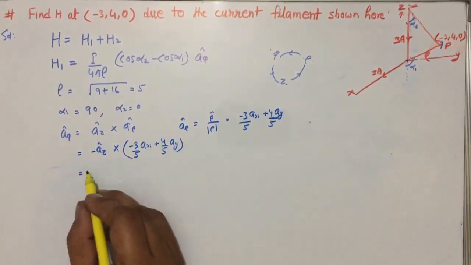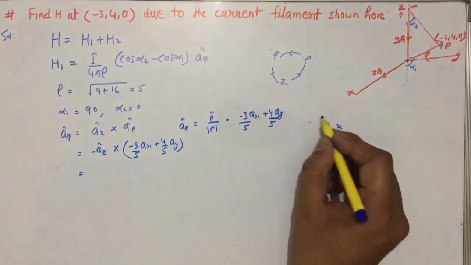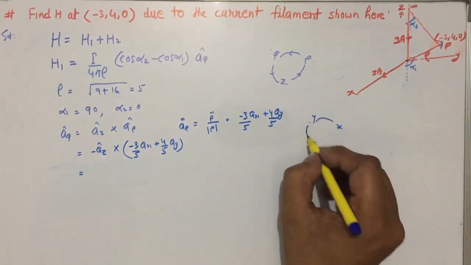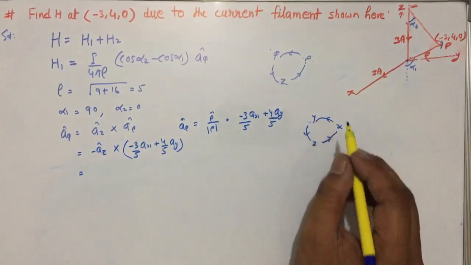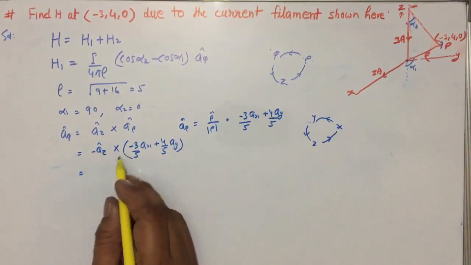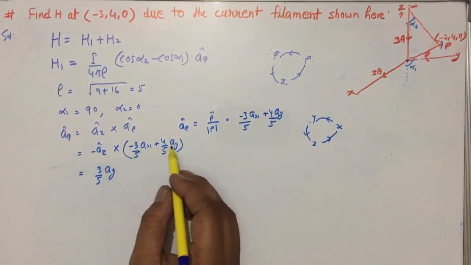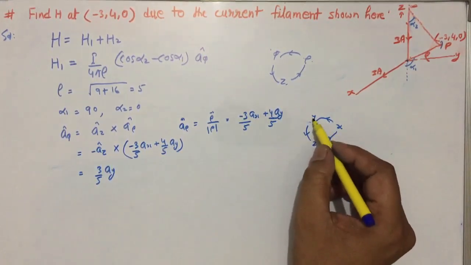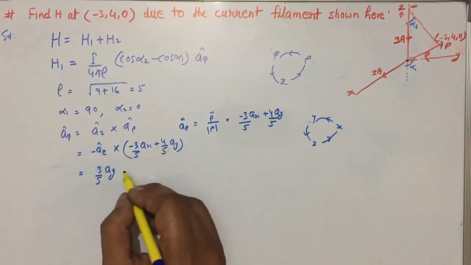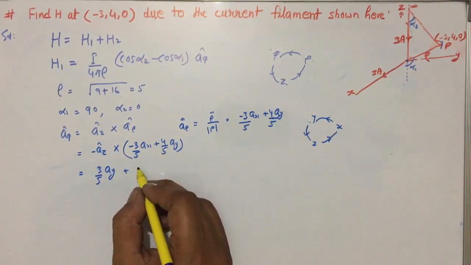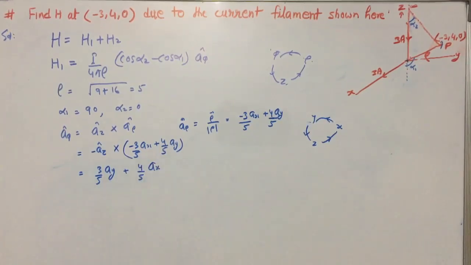Now if you multiply, taking the cross product with the order x, y, z, z into x gives y. So minus and minus gives plus 3 by 5 ay, and z into y gives minus x, so this minus and the existing minus give plus 4 by 5 ax.